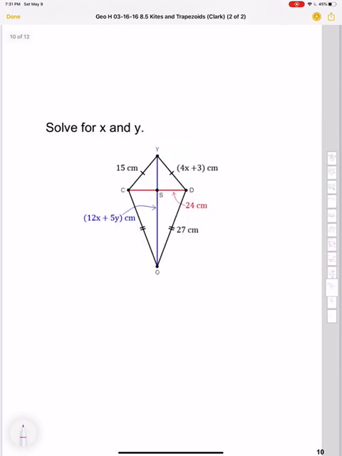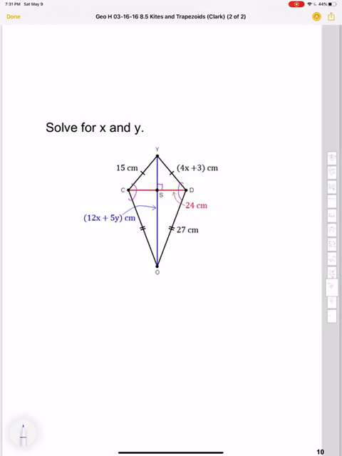Okay. All right. So going back to kites. I feel better. Let's see. We know that these are perpendicular, and we know that this equals this. And what are we trying to find? Oh, okay, we're solving for x and y.